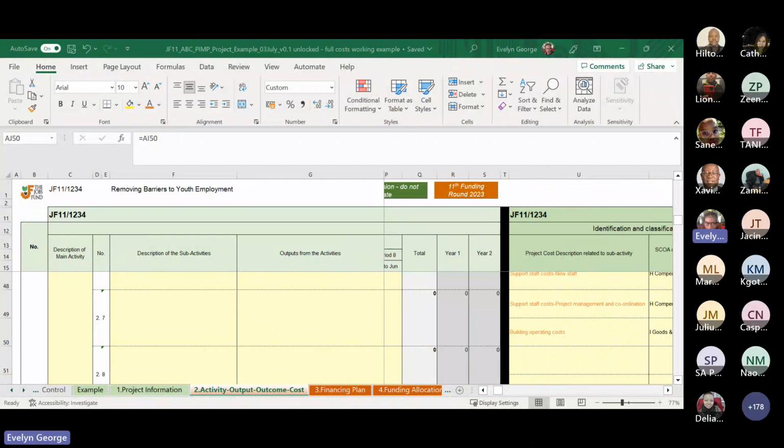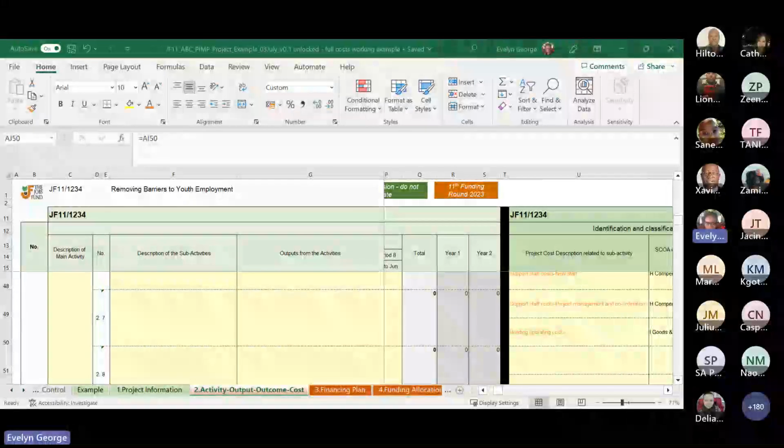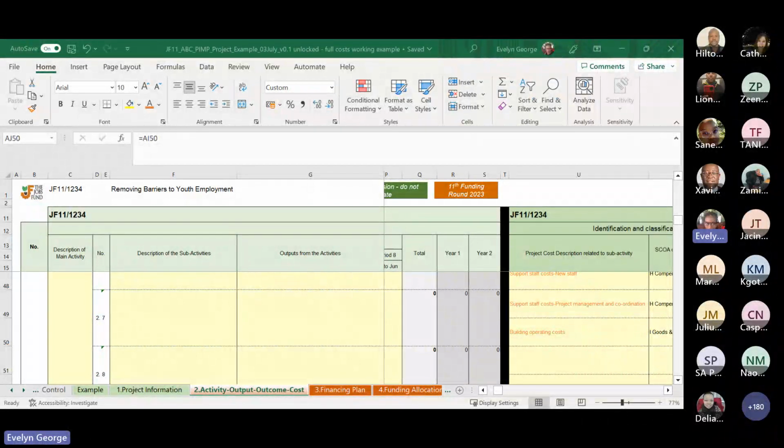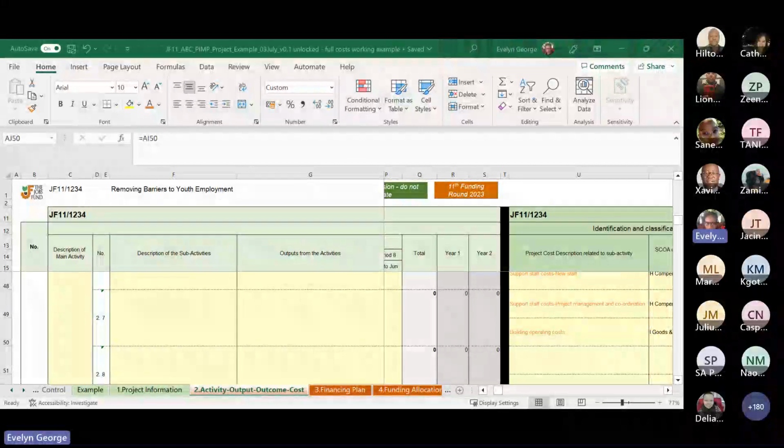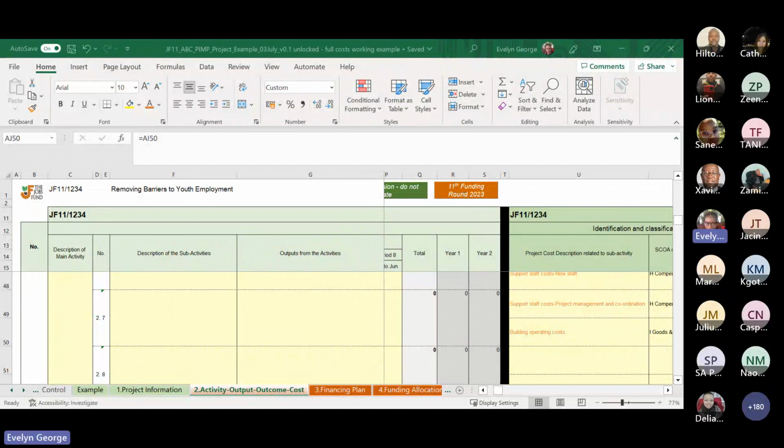Right. So, I think those were the elements that I wanted to illustrate as far as this section is concerned. Are there any further questions or any requirement for clarification?